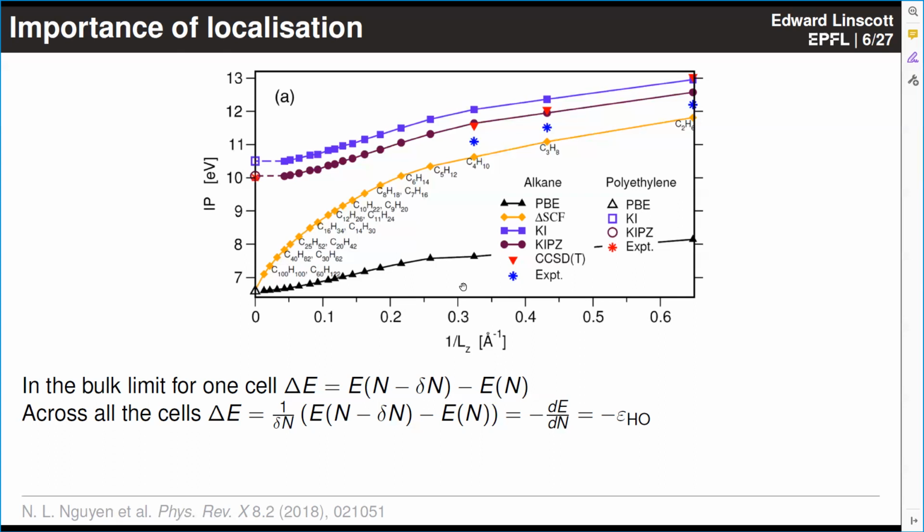The band gap is a ground state property. While in the presentation, he said it's both a ground state and an excited state property.